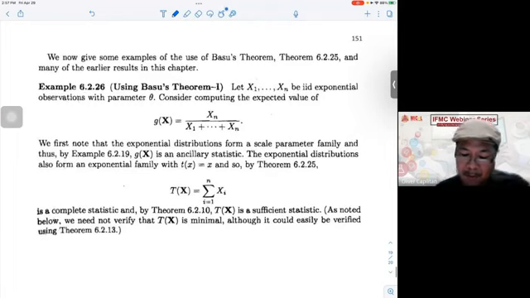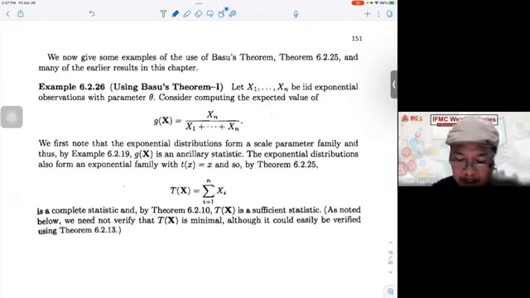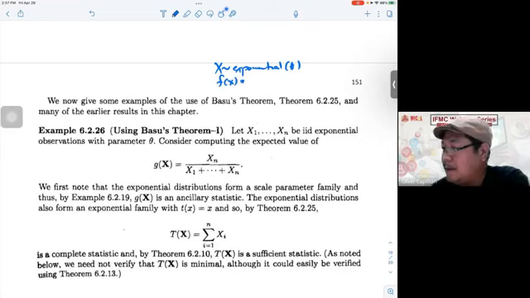Okay, using Basu's theorem, we give some examples using Basu's theorem, theorem 6.2.25, and many of the earlier results in this chapter. So using Basu's theorem, let x sub 1 up to x sub n be IID exponential observations with parameter theta. So pag x having an exponential theta, yung PDF niya, we have here 1 over theta e to the negative x over theta.